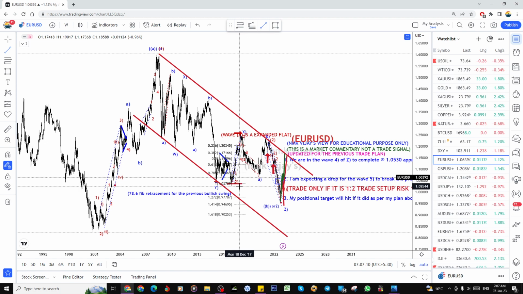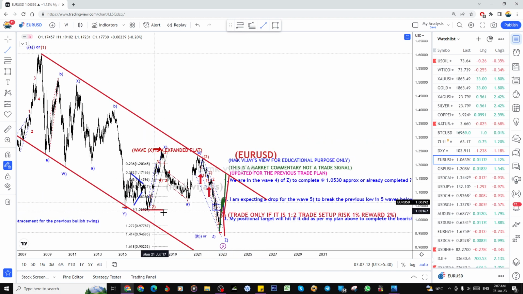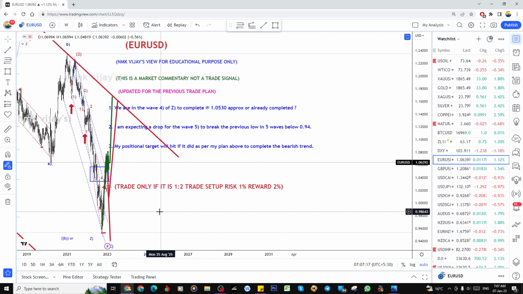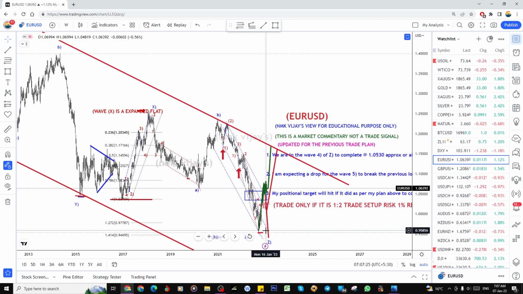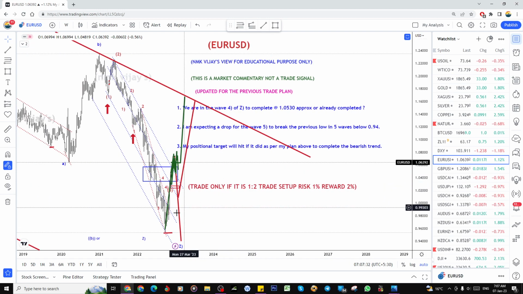I expected previously it needed to break this, it's dead. And from here also I warned everybody my target is achieved, and we are expecting the fourth wave and the fifth wave, again one more down. It may or may not. After that I can change this wave count, everything I have informed, and it is already doing here.